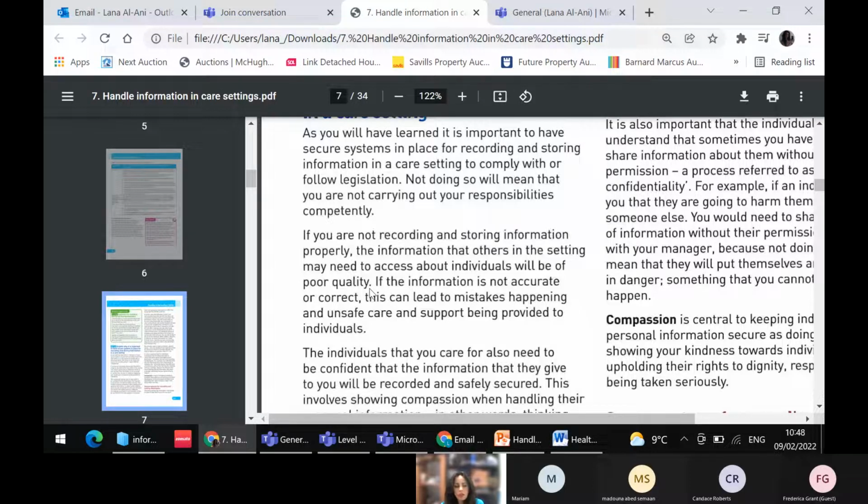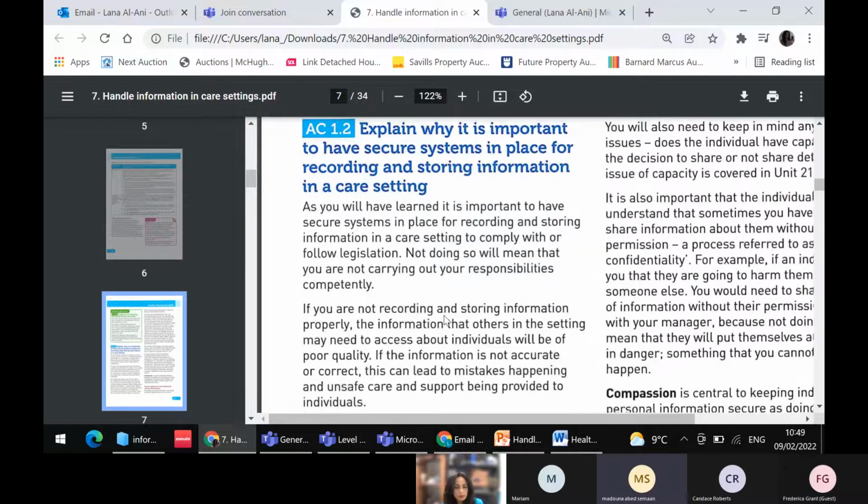We need to have the secure system to keep it safe and to keep it high quality information. If the information is not accurate or correct, then there are mistakes, and we can't even use this information. It is unusable. So that's why we need it to be correct at all times.